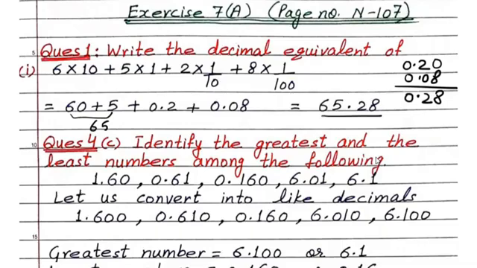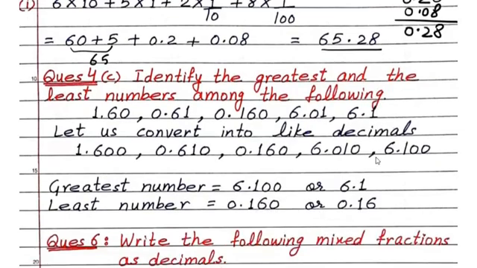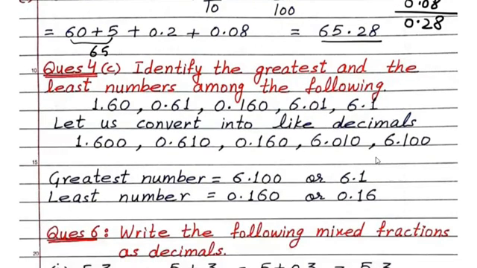Now, let us see question number 4. In this question, identify the greatest and the least number among the following.